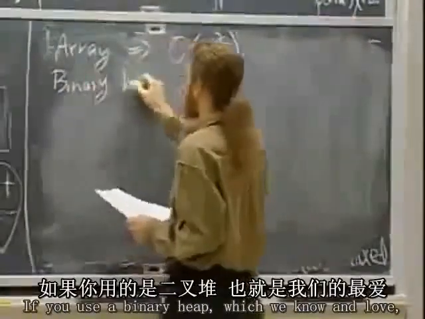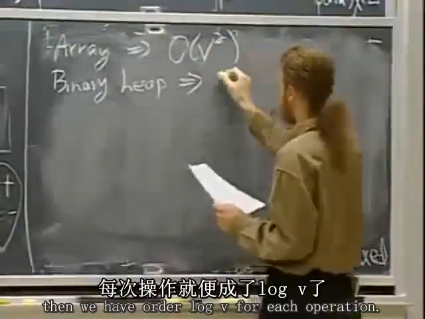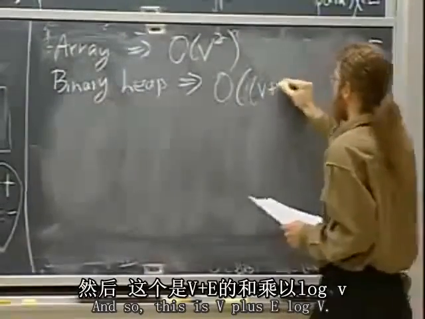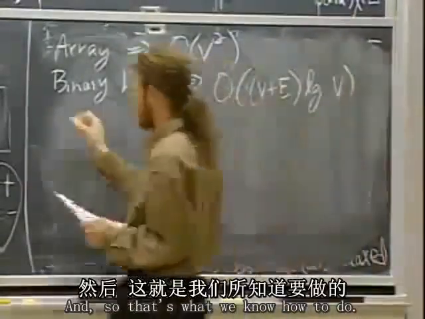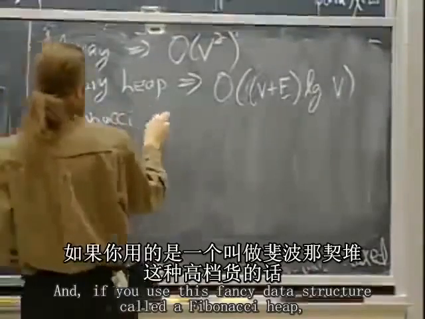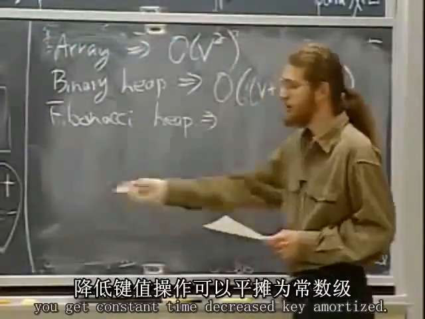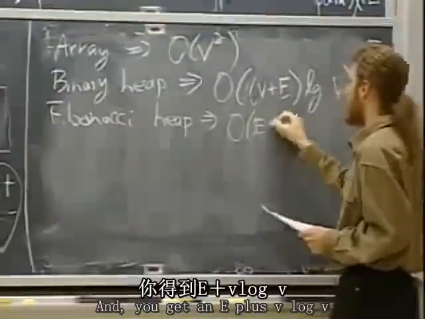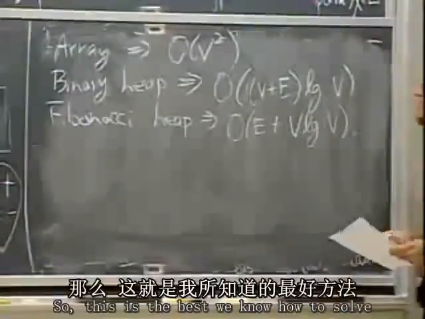If you use a binary heap, which we know and love, then we have order log V for each operation, and so this is V plus E log V. And if you use this fancy data structure called a Fibonacci heap, you get constant time decrease key amortized, and you get an E plus V log V worst case bound on the running time. So this is the best.